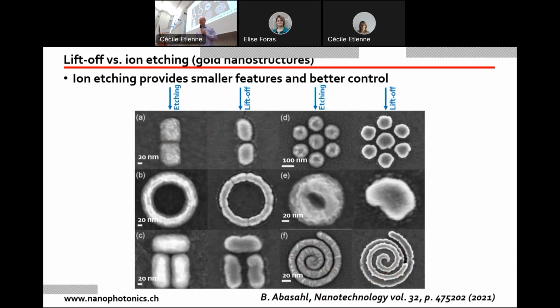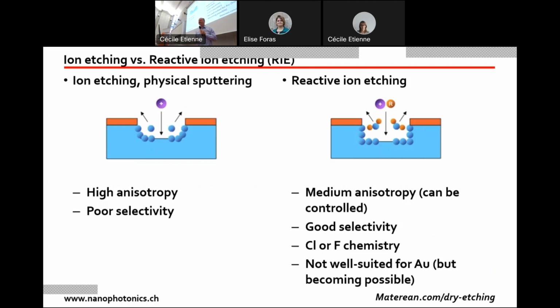The way etching works, actually, again, etching is a huge family, and it is very much used also in the semiconductor industry, which relies very often on something called not just ion etching, but reactive ion etching, in which you have ions that come onto your surface, but that are also mixed with some reactant material that will make a chemical reaction and take things away. So if you have some gas that will react with the material you want to etch, you will be able to remove it very, very efficiently.